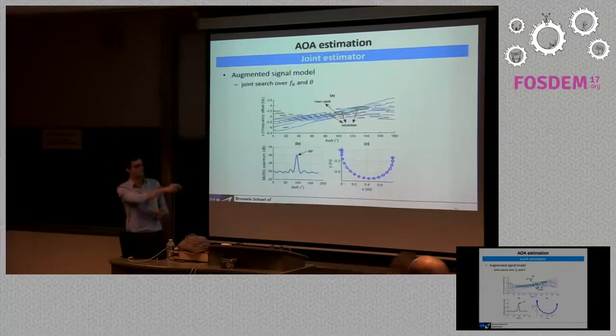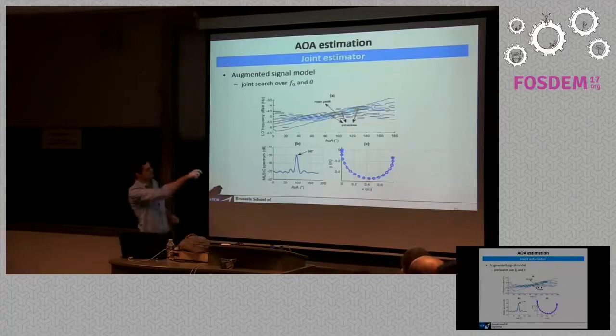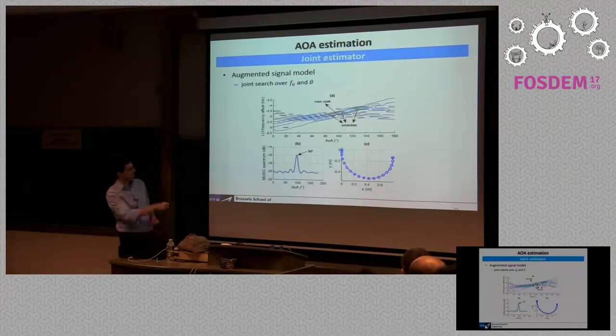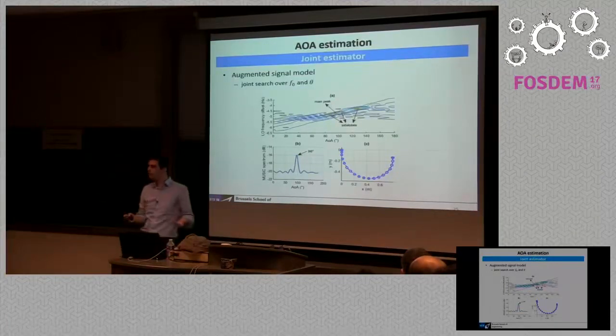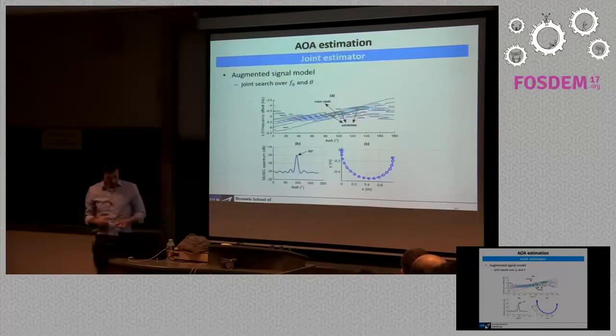You have a main lobe, a main peak, and then you have a bunch of side lobes, all right? But in our case, if I take a horizontal cutoff here, you can see that you have a nice main peak, which is at 96 degrees, so you still have some error, right? So it's not a perfect technique. But it has the advantage of not having to stop before your movement, right?